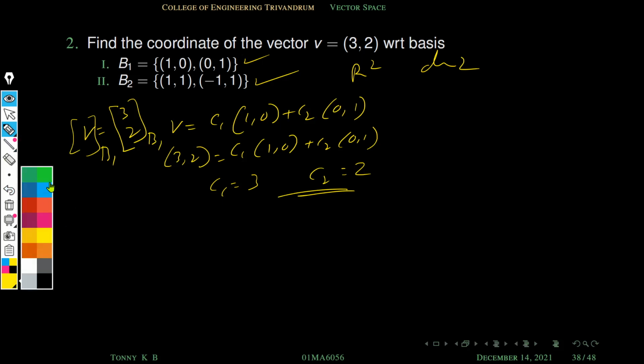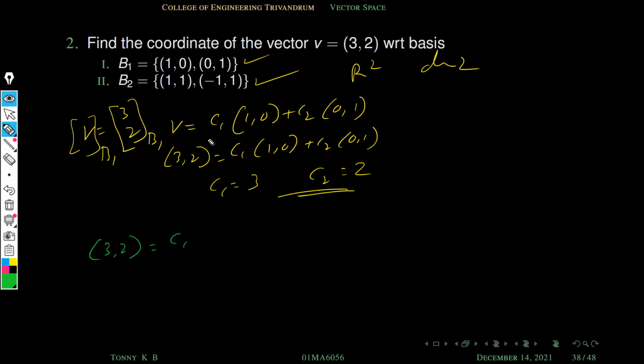Next, we have to find the coordinate of the same (3, 2) with respect to the next basis. That means c1 times (1, 1) plus c2 times (-1, 1). Then how do we solve for c1 and c2?